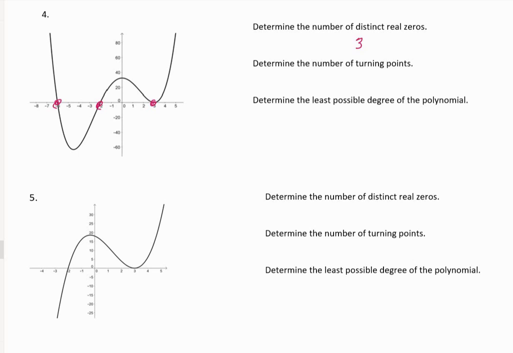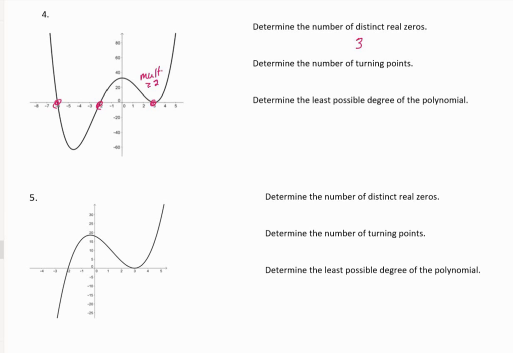So I know that this multiplicity is at least 2. The multiplicity is even. It could be 2, 4, 6, or on. We don't know, but I do know that this multiplicity has to be an even number.